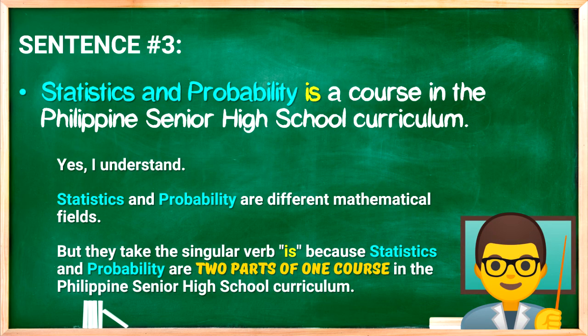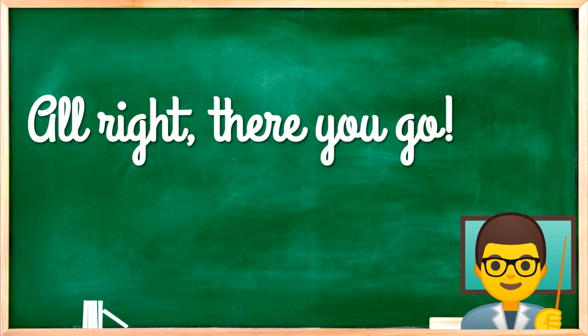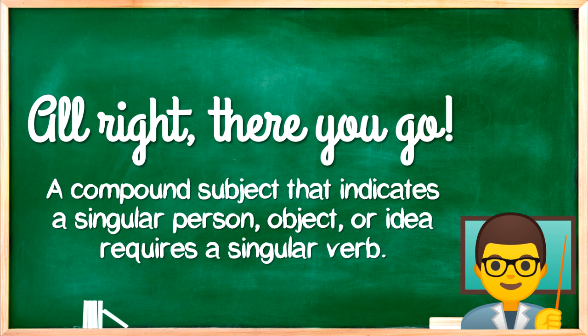Statistics and probability are different mathematical fields, but they take the singular verb is because statistics and probability are two parts of one course in the Philippine Senior High School curriculum. Alright, there you go. A compound subject that takes a singular person, object, or idea requires a singular verb.